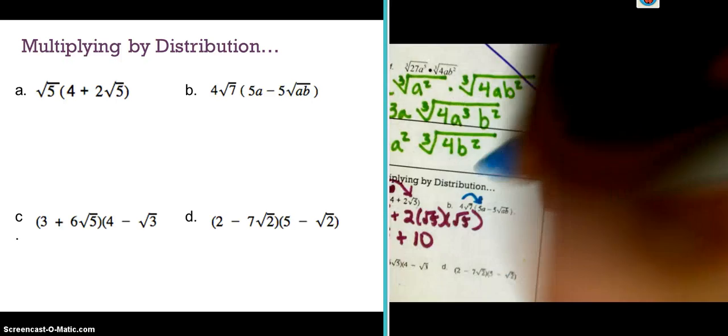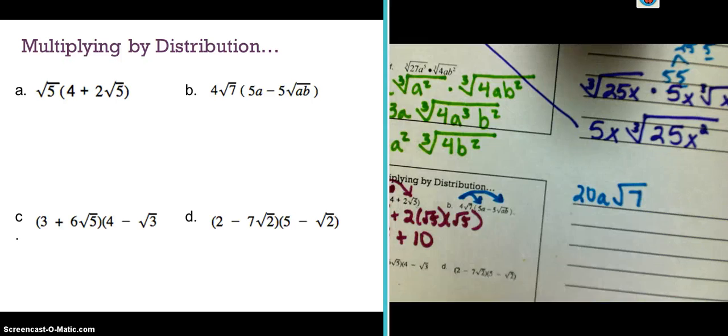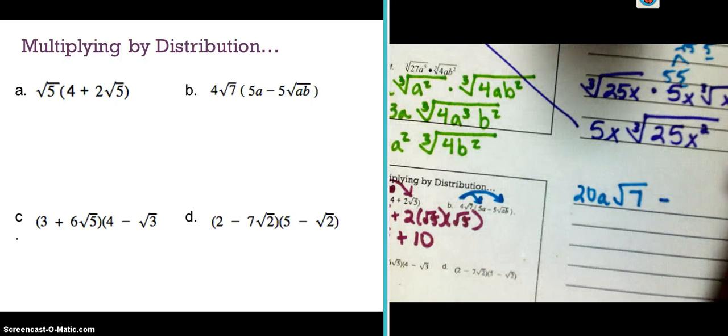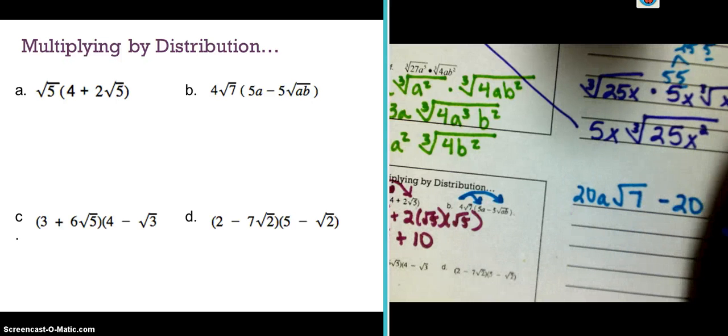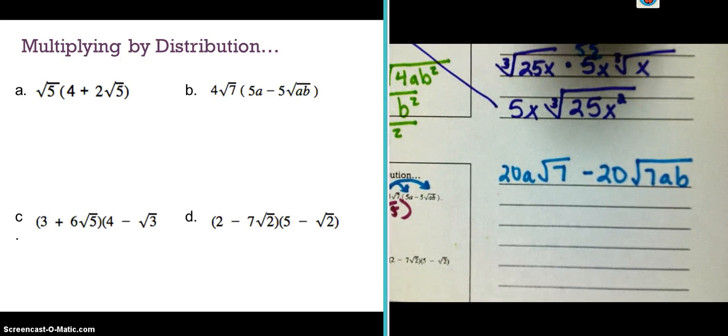And then for the second part, I have 4 times the square root of 7 times negative 5 square root of AB. I multiply what's on the outside together, so 4 times negative 5 is negative 20. And then I multiply what's under the radicals together: square root of 7 times square root of AB is just square root of 7AB. Sorry, guys. There you go. If you notice, my radicands are different, so I cannot subtract those.